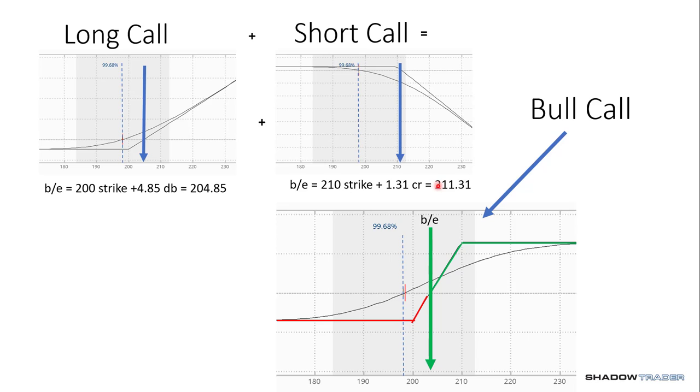Well, the equity could go to $211.31 before I give up all of my credit. 204, 211. Those are my two break evens. Now, combining the two together, I have a break even on the combined trade in the middle. I've got to get above about 202 to start making profits.